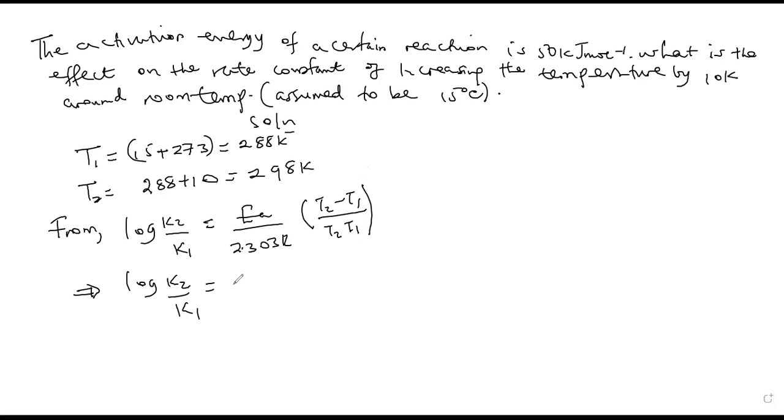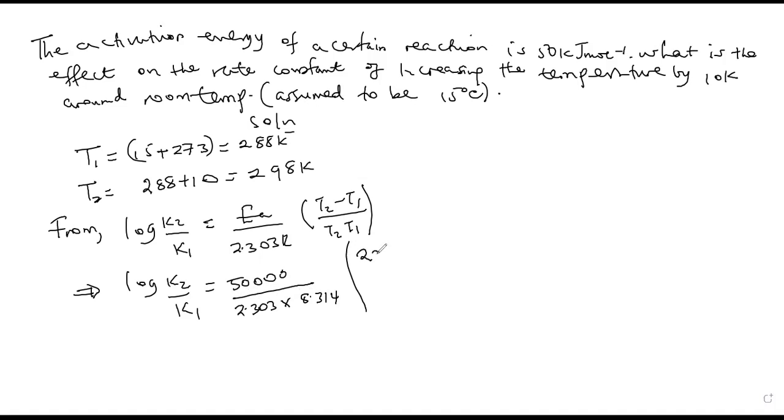So if we make it joules per mole, we shall multiply by 1,000, then over 2.303 times R, the molar gas constant, 8.314, into T2.